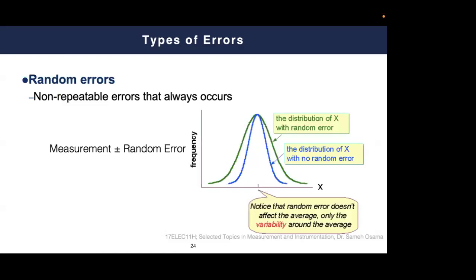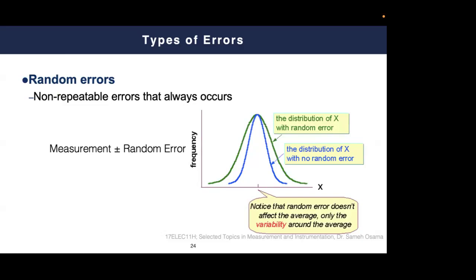Okay. If we try to express this in a mathematical way, considering a well-known Gaussian distribution for the reading, we can say that a random error, as you can see, does not impact the average reading.